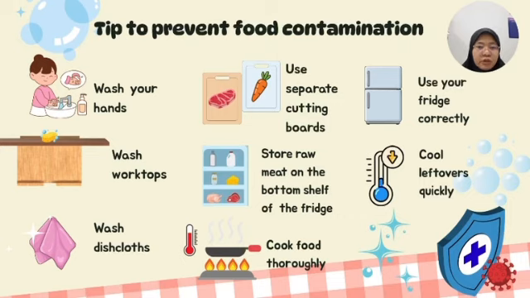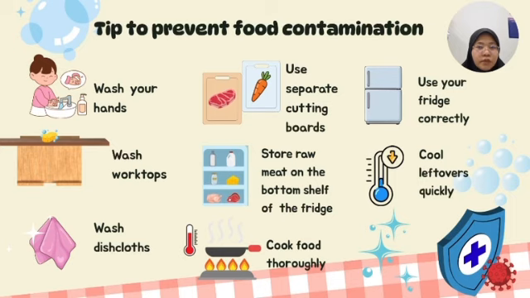Next, store raw meat on the bottom shelf of the refrigerator to prevent liquids from raw meat from dripping onto other foods and reduce the risk of spreading bacteria. Next, cook food thoroughly. Make sure food reaches a high enough temperature to kill harmful microorganisms, especially meat, chicken, and seafood.